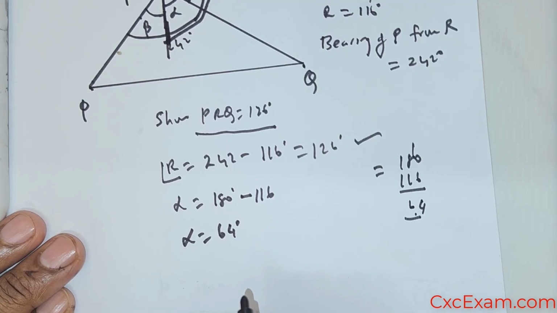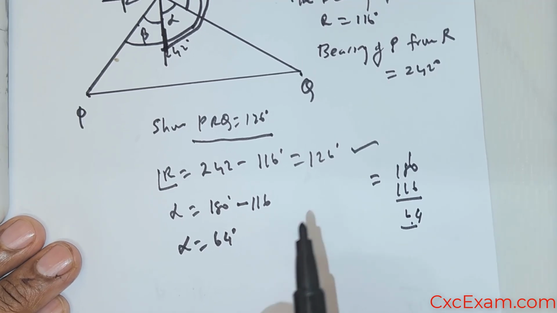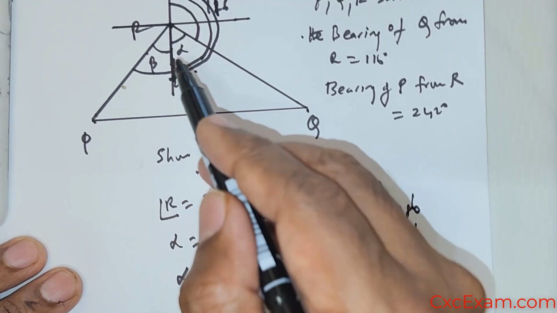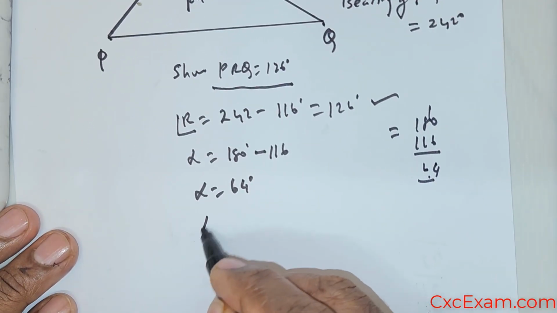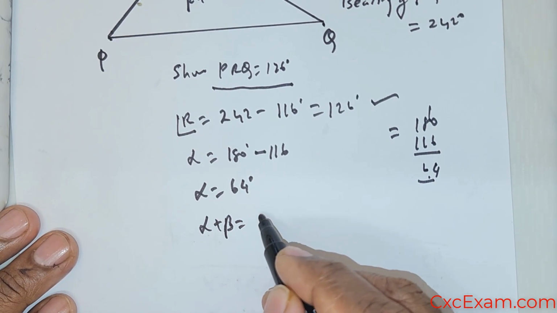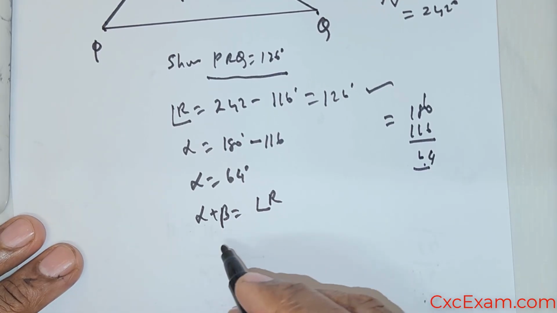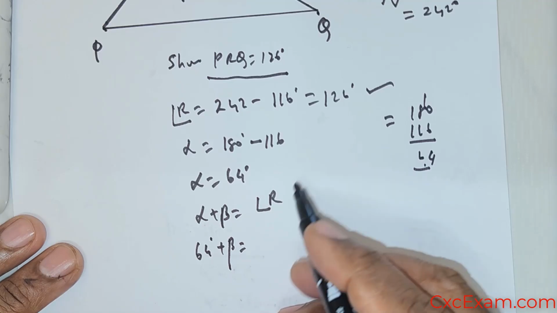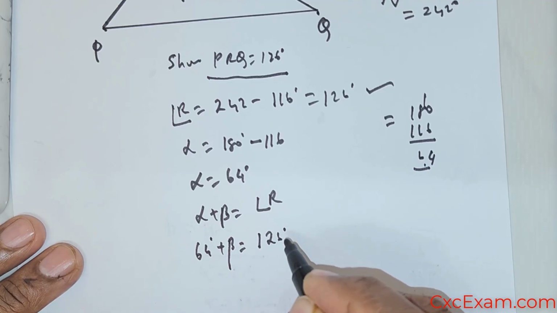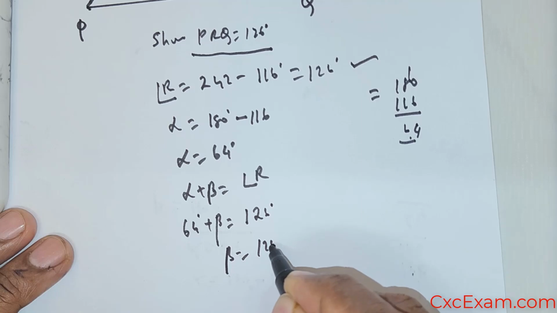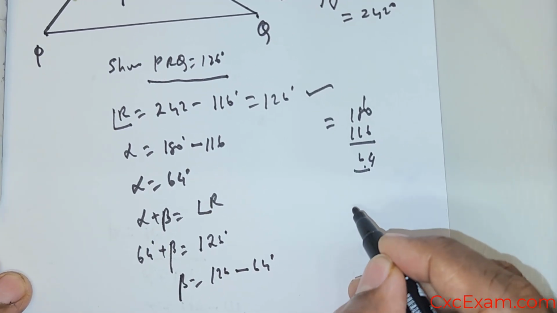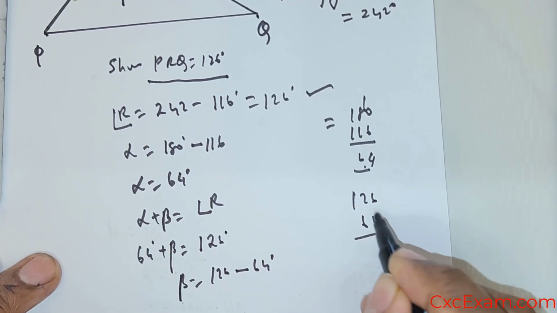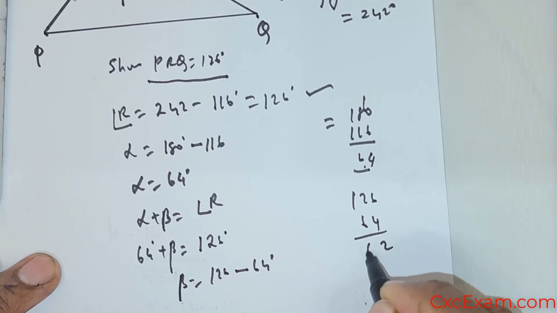Now you have got alpha and you know the angle at R. Now alpha plus beta is equal to the angle at R. Alpha is 64 degrees and we need beta, but the angle at R is 126 degrees. So beta will be 126 minus 64, which is 62.